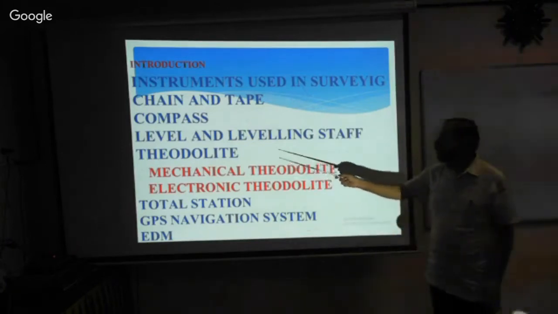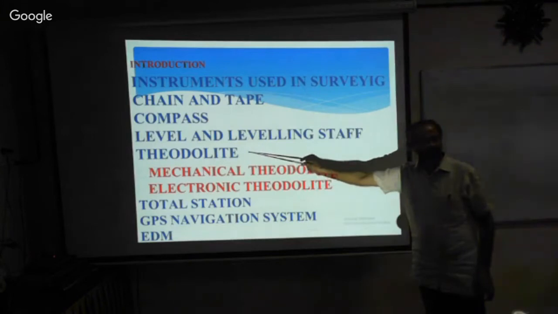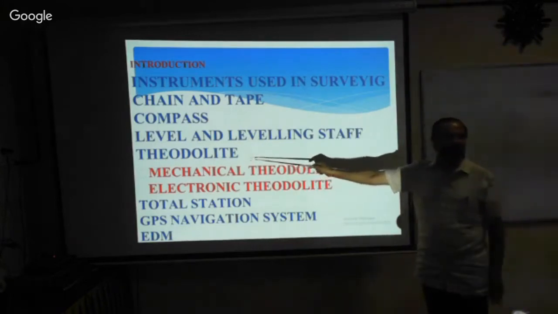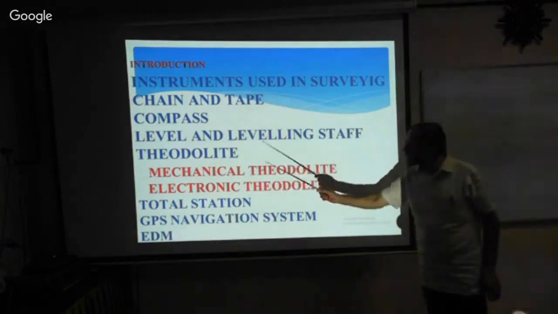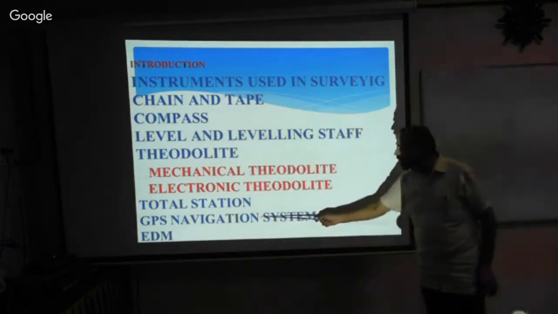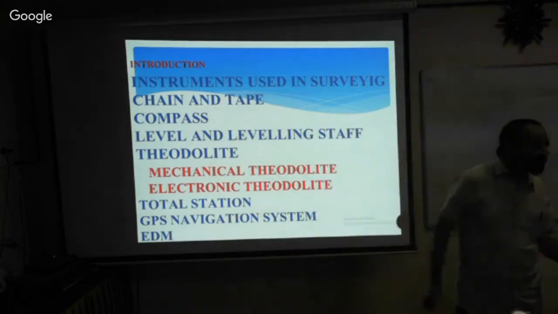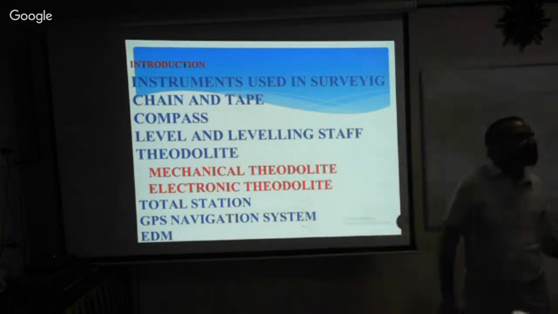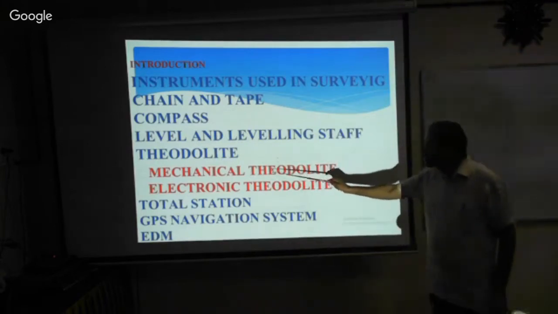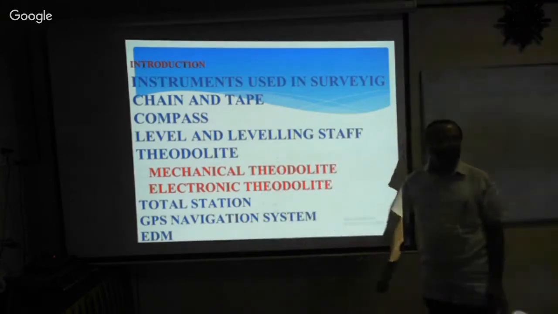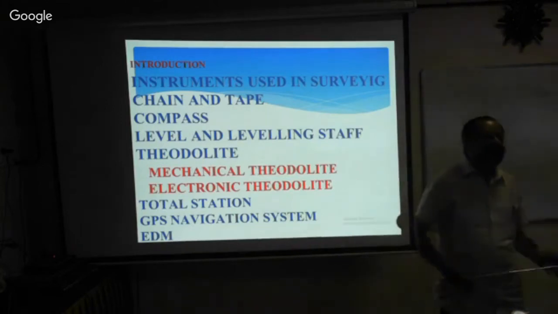You are going to learn the theory, related works, and also we are going to learn the total station. And also we will understand the GPS navigator, and the distance measuring equipment. They are all electronic, advanced equipment. Understood? Then we will go for the next.